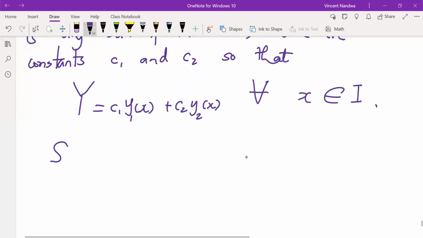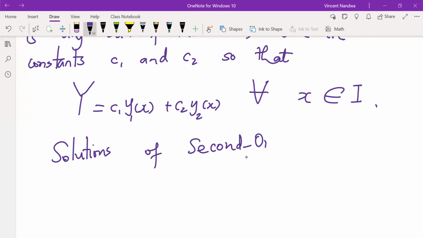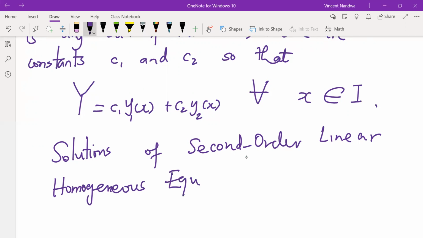So solutions of second order linear homogeneous equations with constant coefficients. So start with homogeneous, then nonhomogeneous later.